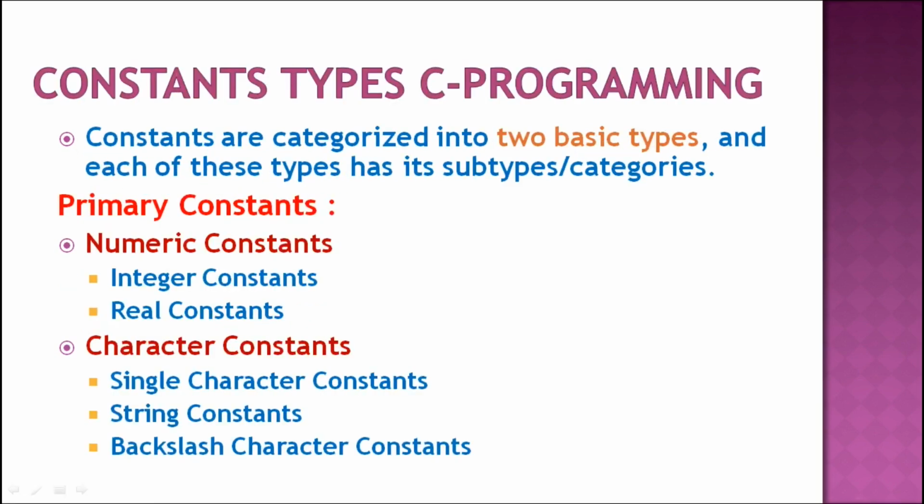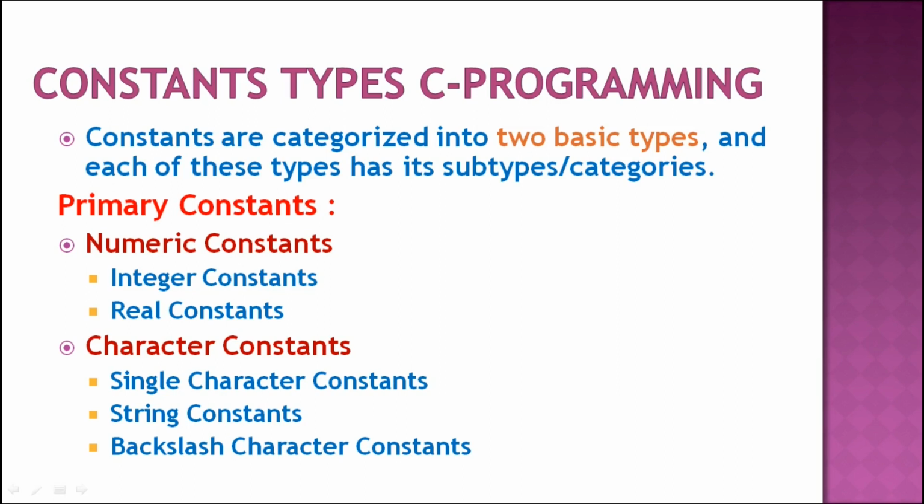Constant types in C program. In C program, the constants are divided into two types: primary constants and secondary constants. Coming to primary constants, we have the numeric constants, which are integer constants and real constants.